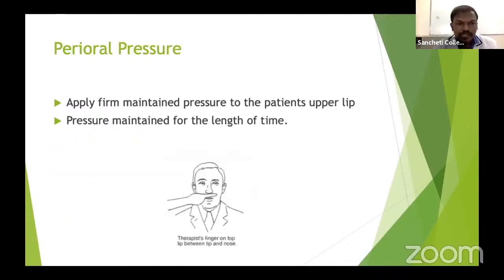So the first technique is perioral pressure. In this technique, we are going to apply a firm maintained pressure to the patient's upper lip, that is, in between the upper lip and the tip of the nose. And we have to maintain the pressure for a length of time.